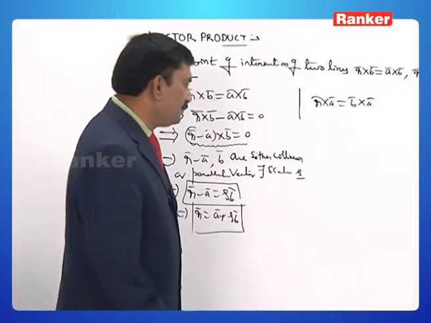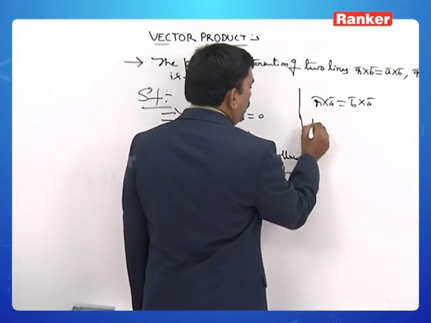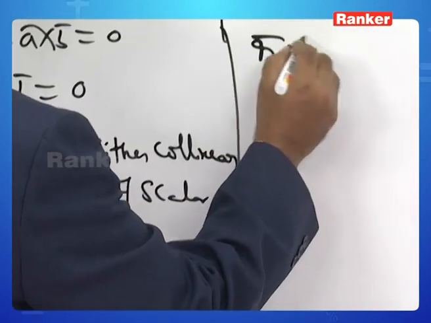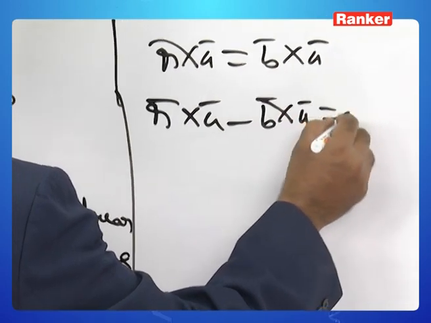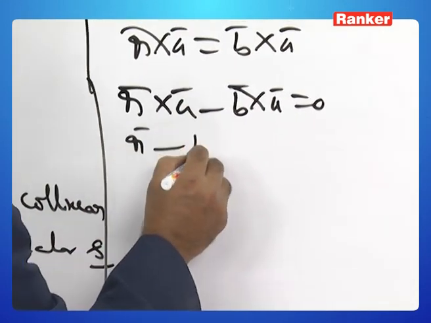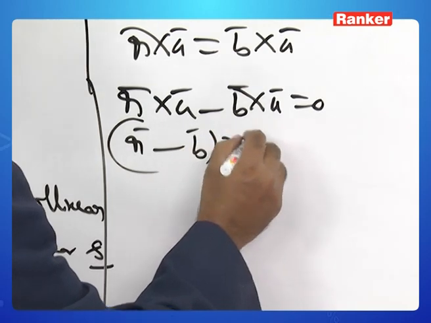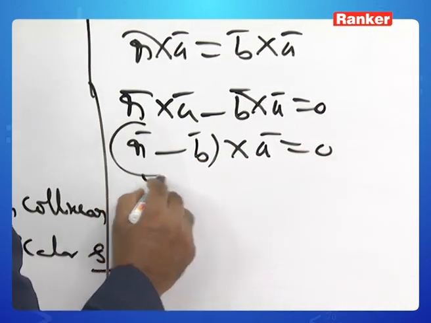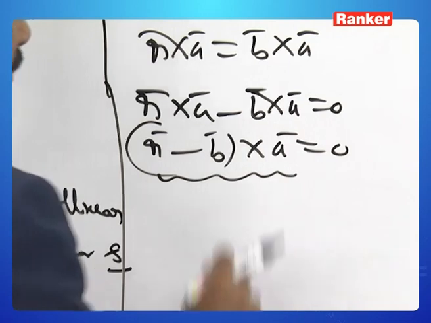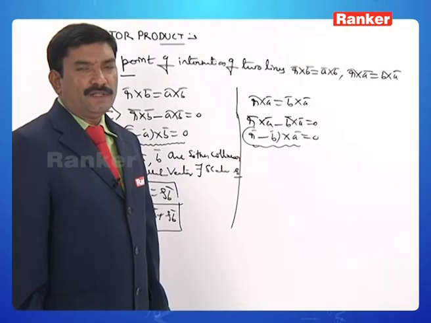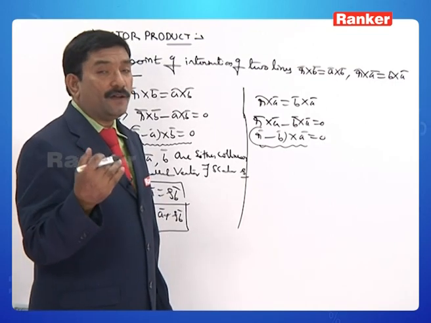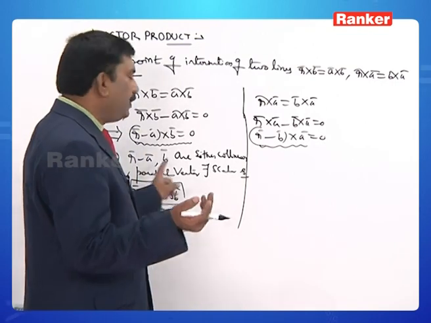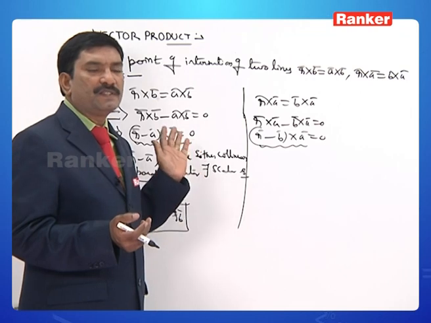Next, in the same fashion, R bar cross A bar minus B bar cross A bar is equal to 0. R bar minus B bar cross A bar is equal to 0. Here, whenever the cross product of any two vectors is equal to 0, they are either collinear or parallel vectors. Then there exists a scalar T. Don't use the same scalar as we discussed earlier.